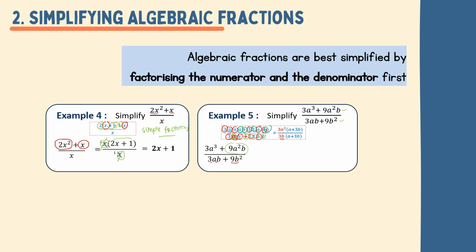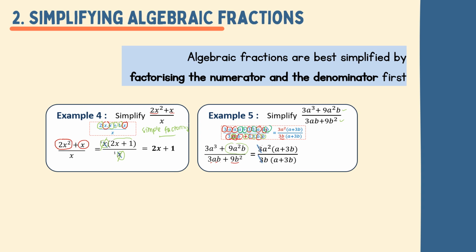A plus 3b here. So we can write this algebraic fraction as 3a squared multiplied by inside the bracket a plus 3b, all over 3b multiplied by inside the bracket a plus 3b. From this fraction we can find the common terms, which are 3 and 3 here.